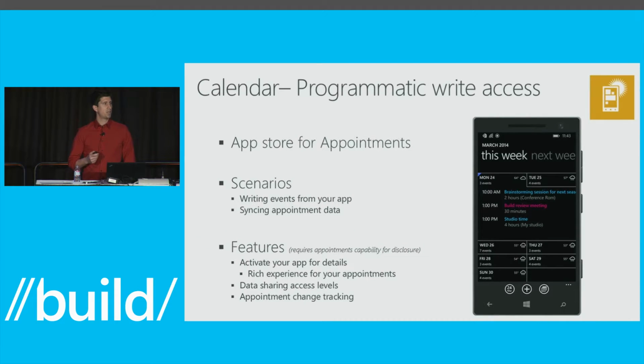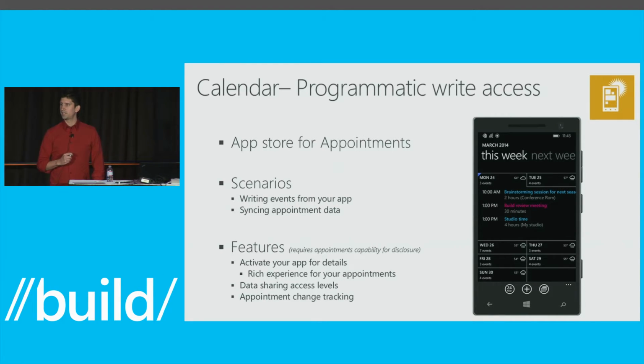If you're familiar with the APIs that we introduced in Windows Phone 8, we enabled you to create a custom contact store for your application. Now in Windows Phone 8.1, you can create a custom appointment store. This is an appointment store that shows up just the same way as appointments synced down from Outlook.com or Exchange. But you have full programmatic read and write access from foreground or background code for those appointments.